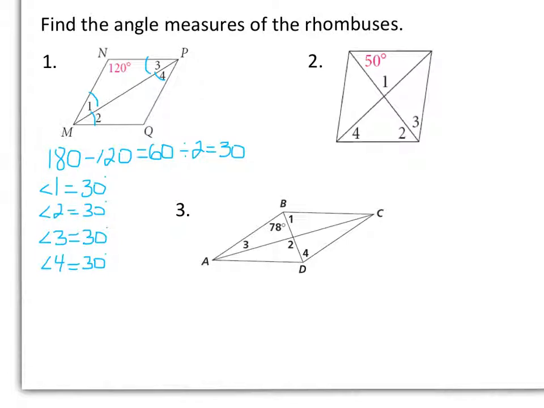Okay, in number 2, we are given one of our angles of 50 degrees. Well, we know that the diagonals are perpendicular, so I know right away that angle 1 is 90 degrees. And then we'll fill in our other missing angles in a minute.